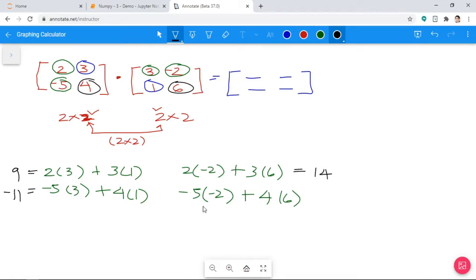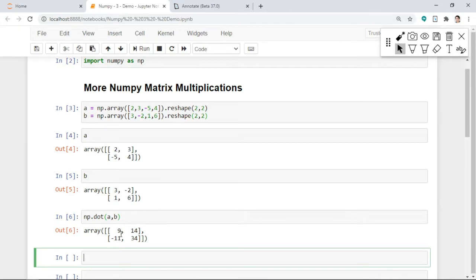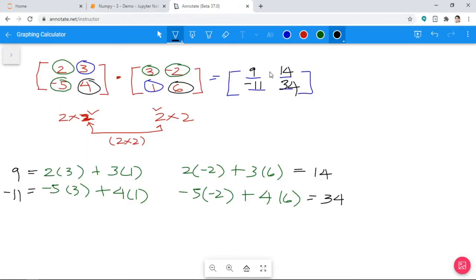Then positive 10 plus 24, so we will have 34. So the answer will be 9, negative 11, 14, and 34. As you can see, 9, negative 11, 14, 34. Okay, so we have 9, 14, negative 11, 34. This will be the final answer.